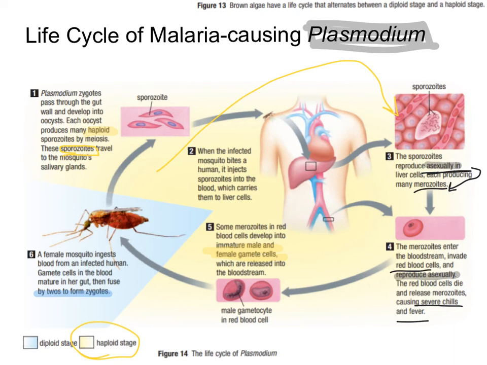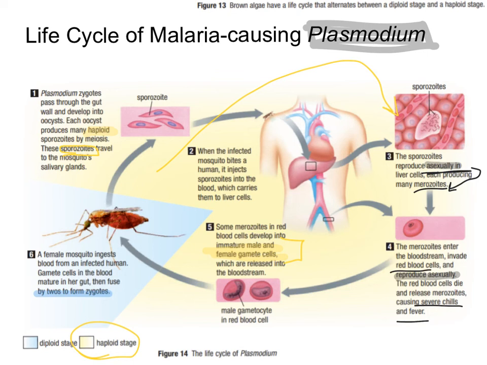The other thing that can happen is the merozoites can instead develop into our gametes. And so our gametes are still haploid, but this time they're meant for sexual reproduction, okay? So we have male and female gametes.